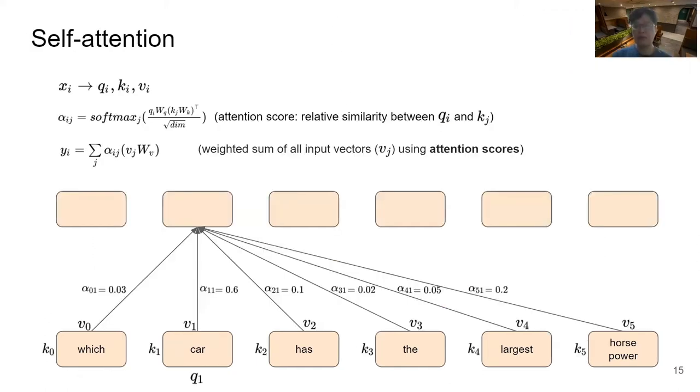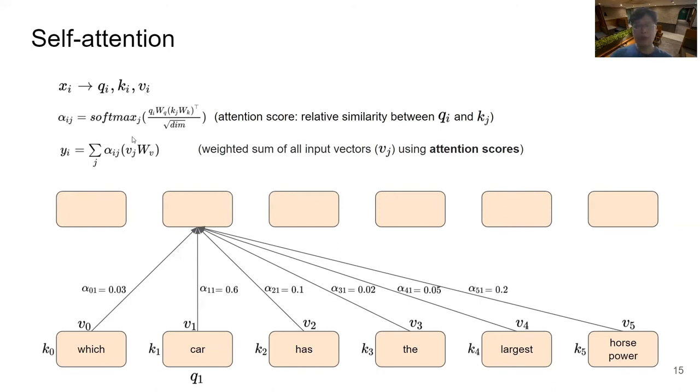Self-attention computes the relation between all the input elements, and the strength of this relation is encoded in the attention scores. The attention score is interpreted as a relative similarity between two elements. More specifically, given each token xi, we first generate three embeddings qi, ki, vi.